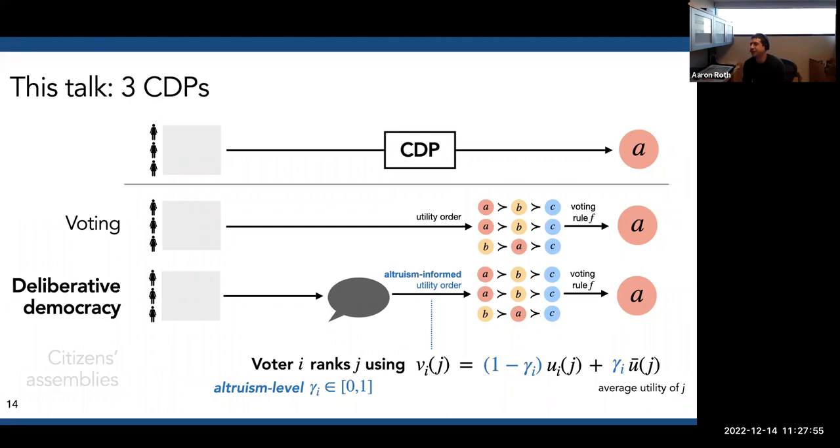And here, if we want to think about a fixed altruism level gamma, it's kind of important that my utility is expressible in the same units as your utility and that I know what those units are. Is that something that I should not worry about?